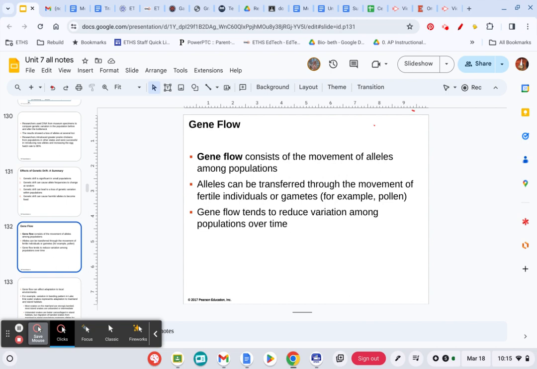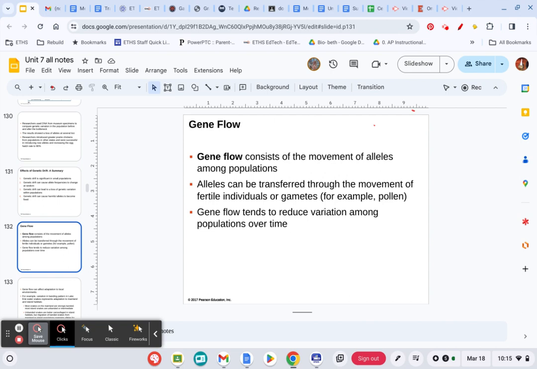Okay, gene flow. Gene flow is another thing that can change a population over time, and it can increase genetic variation or it can decrease genetic variation depending on what you're looking at. But it's basically when populations move. So one population moves to another location, to another population.